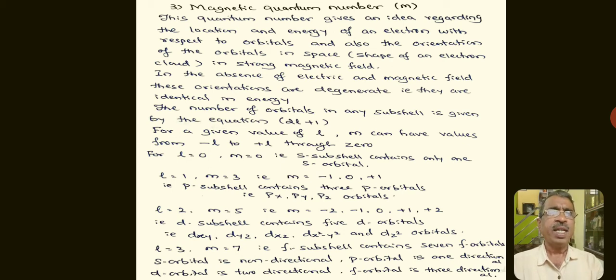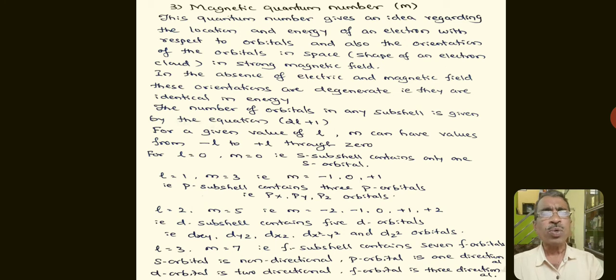That is, the s subshell contains only one s orbital. For L is equal to 1, that is the p subshell, M has three values: minus 1, 0, plus 1. So minus 1, 0, plus 1 are given to px, py and pz orbitals.